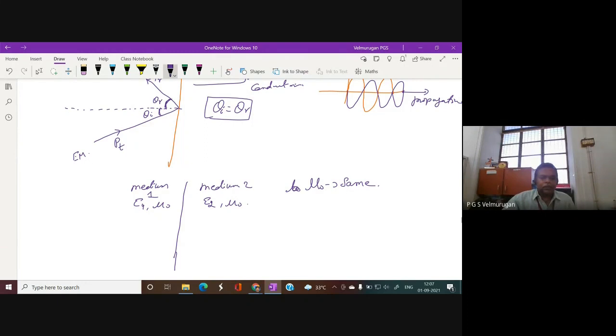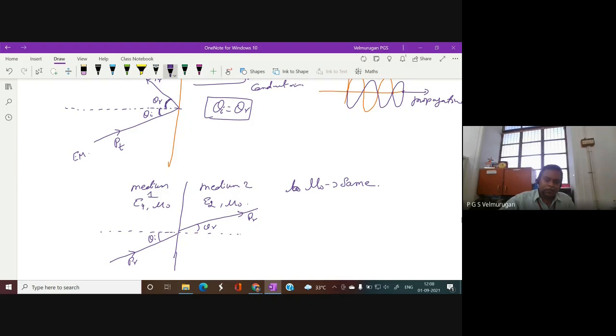If it is a dielectric medium, and you pass an electromagnetic wave, this is my angle of incidence, and some of the waves get transmitted into this medium with an angle theta t with a power Pt.